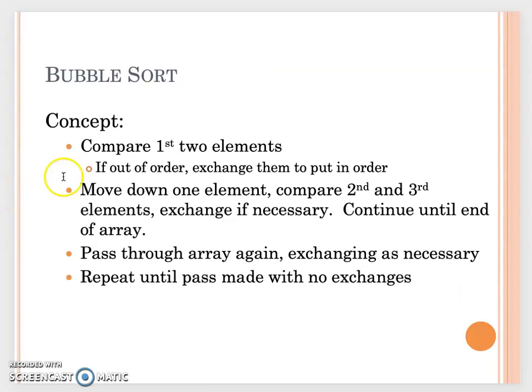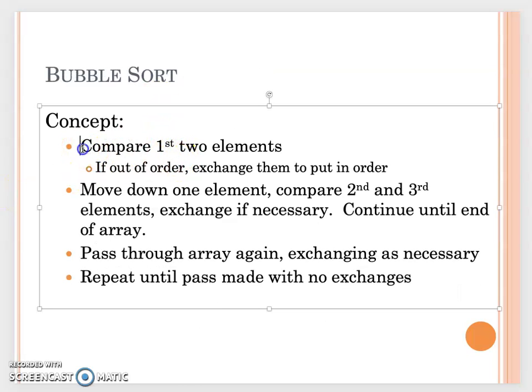So the bubble sort concept is you compare stuff from the first two elements. If the first element is greater than the second one, we swap. Remember, when we talk about sorting, if we don't specify, we always do ascending order.